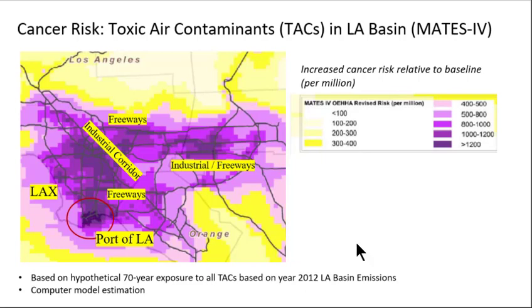This is because air toxic exposure tends to be more localized due to specific sources compared with typical ambient air pollutants such as ozone, nitrogen dioxide, and PM 2.5. From an exposure point of view, cancer risk due to air toxics is therefore more dependent on proximity to these major emission sources.